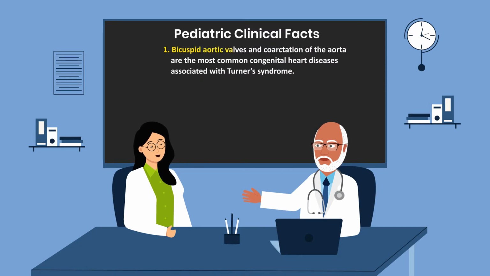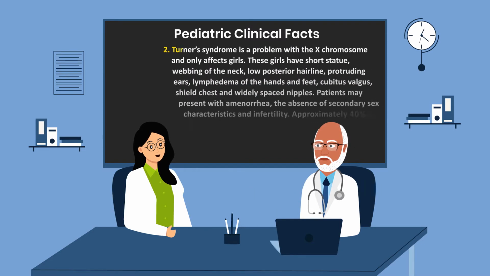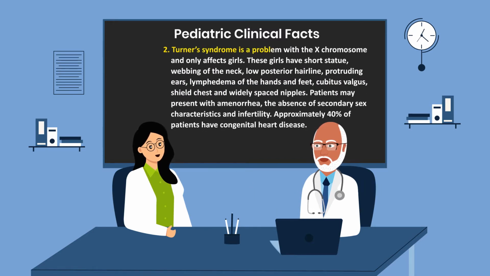Bicuspid aortic valves and coarctation of the aorta are the most common congenital heart diseases associated with Turner's syndrome. Turner's syndrome is a problem with the X chromosome and only affects girls.